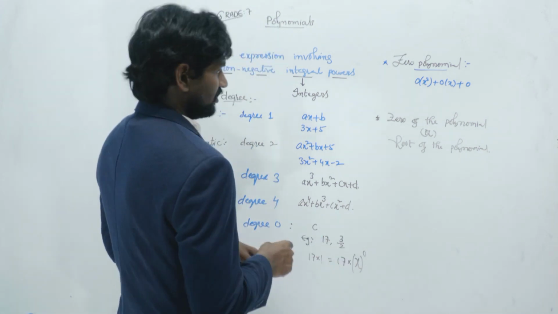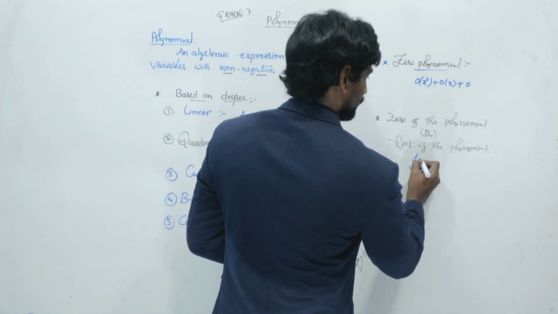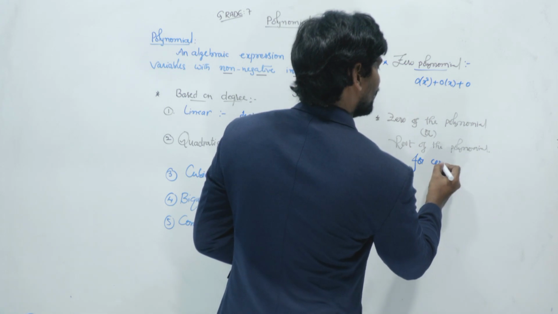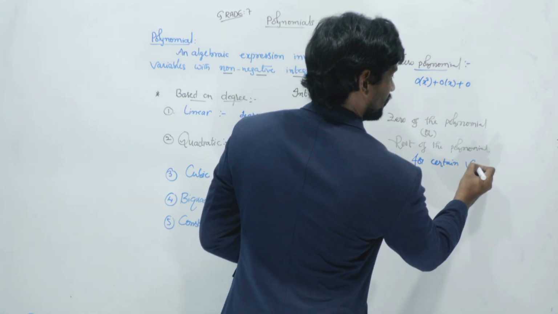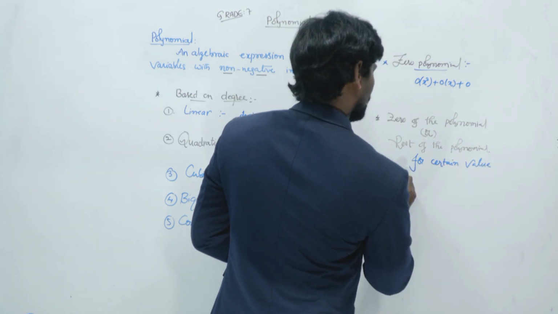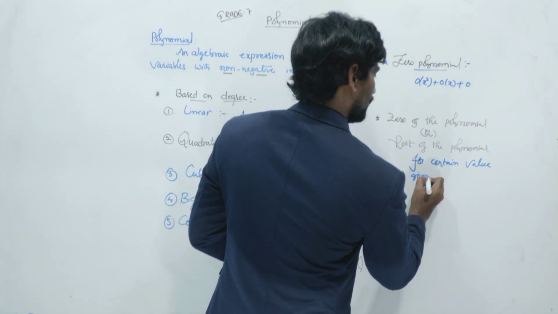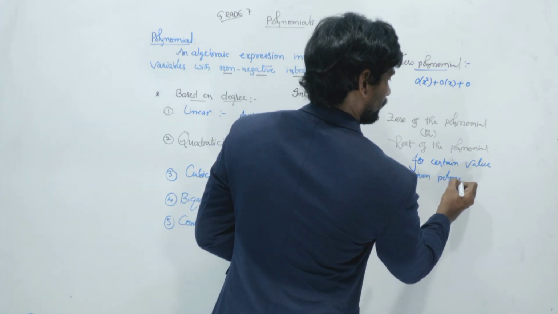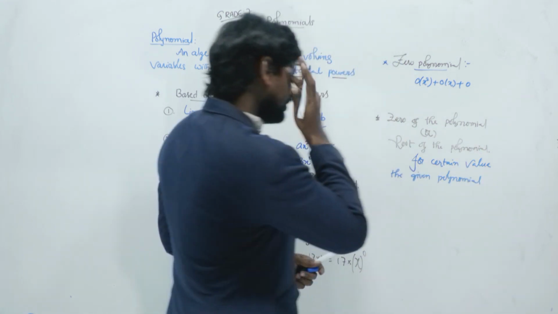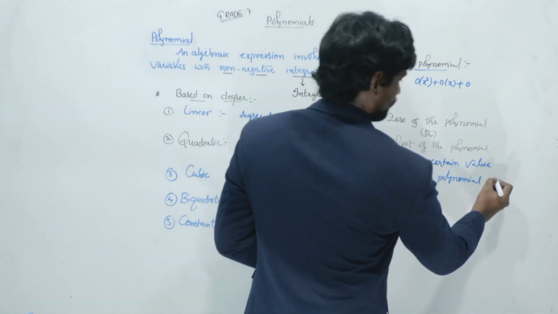That means for a certain value, the given polynomial becomes 0.